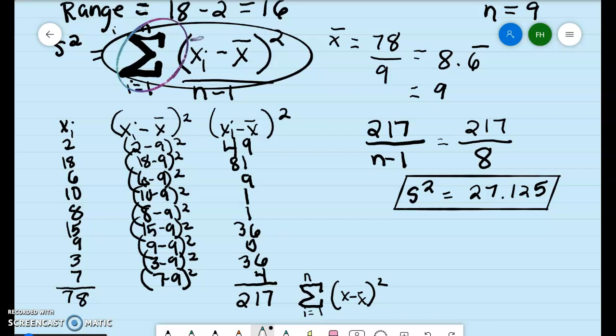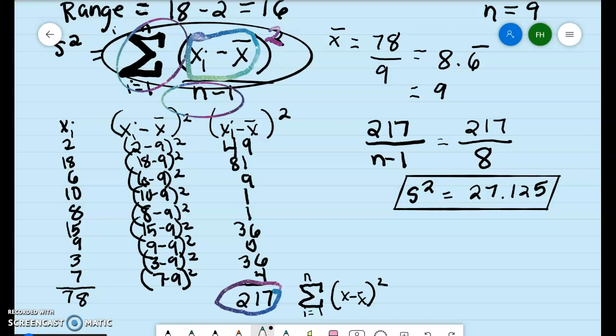The difference between your data points and the mean. We're going to take each one and square it, and then add those up. And that's how we got the 217. Then we're going to divide it by n minus 1. It's very important in statistics that you try to get a basic understanding of what the formula is telling you. And S squared is your variance.